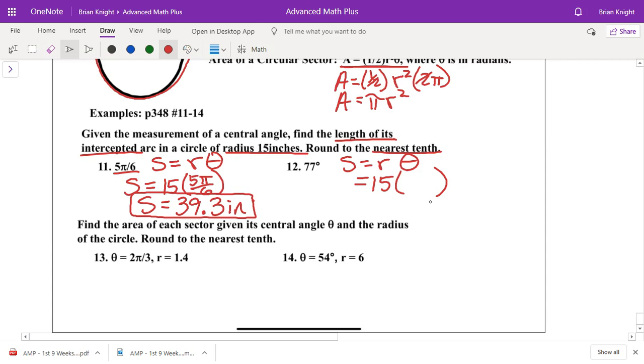Pi over 180. So rather than putting 77, I'm going to put 77 pi over 180. I just include it in the work. Then you just stick that in your calculator.